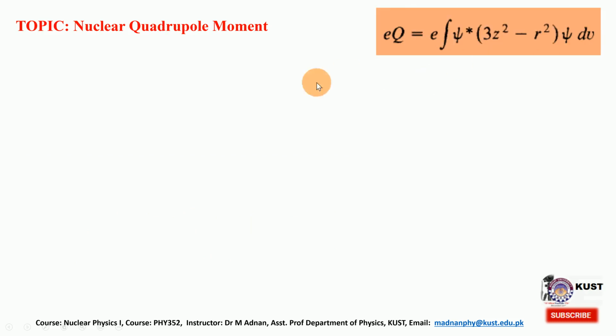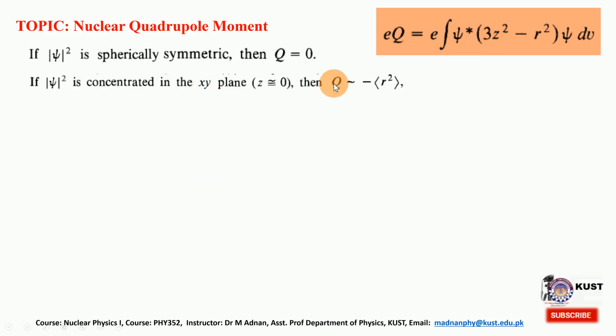Now, if you remember, we discussed the three limits of the quadrupole moment in the introduction part. If psi square is spherically symmetric, then Q is equal to 0, and you need to use all those conditions we discussed, that is, z square will be equal to r square over 3.